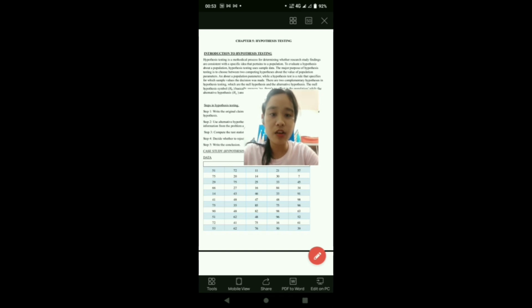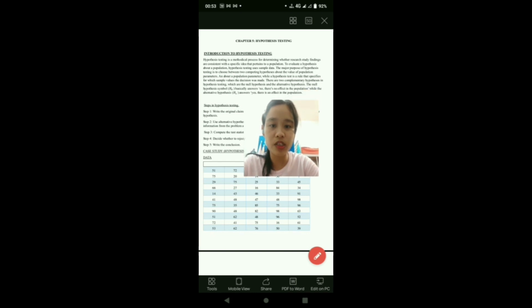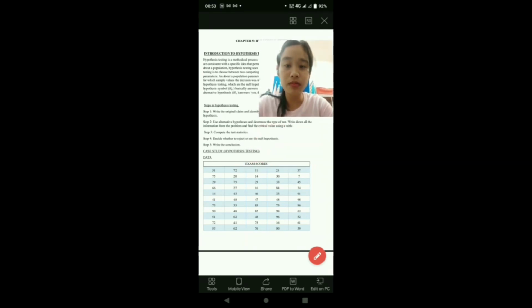There are two complementary hypotheses in hypothesis testing, which are the null hypothesis and the alternative hypothesis. The null hypothesis, symbol H0, basically answers no, there is no effect in the population, while the alternative hypothesis H1 answers yes, there is an effect in the population.